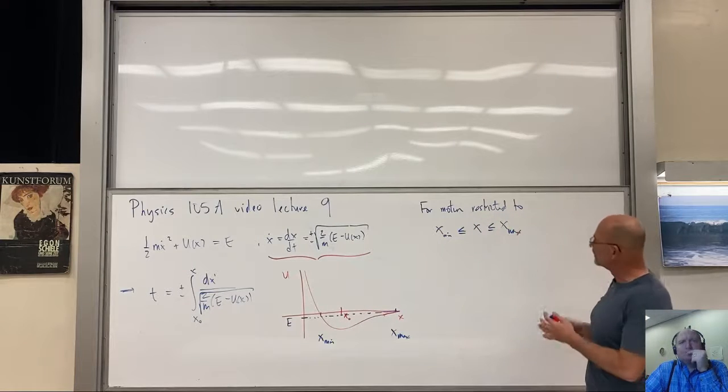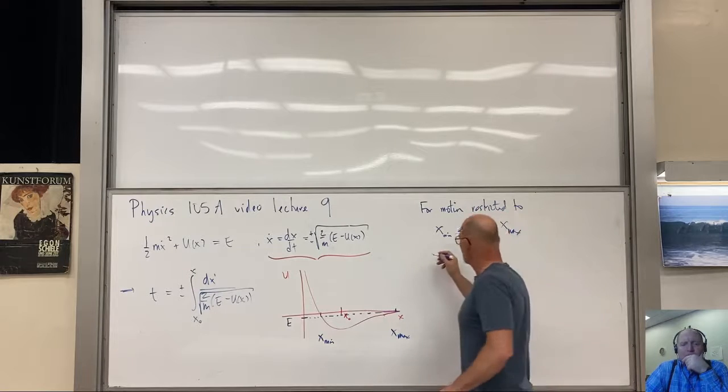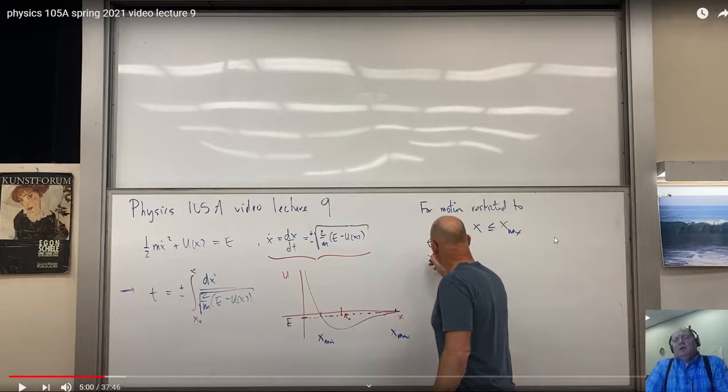So for such a motion restricted like that, so ball rolling in a well. I put a lot of thought into this one time when I realized that a ball in a parabolic bowl would not experience simple harmonic motion.